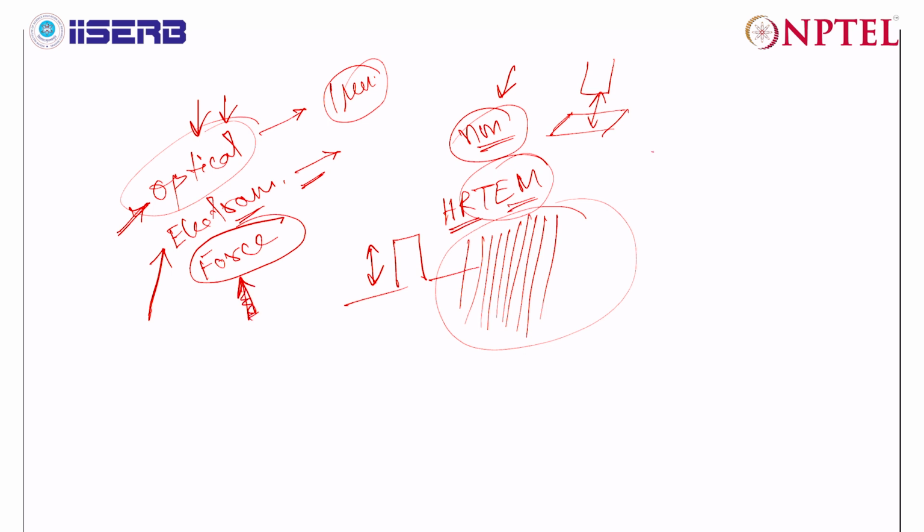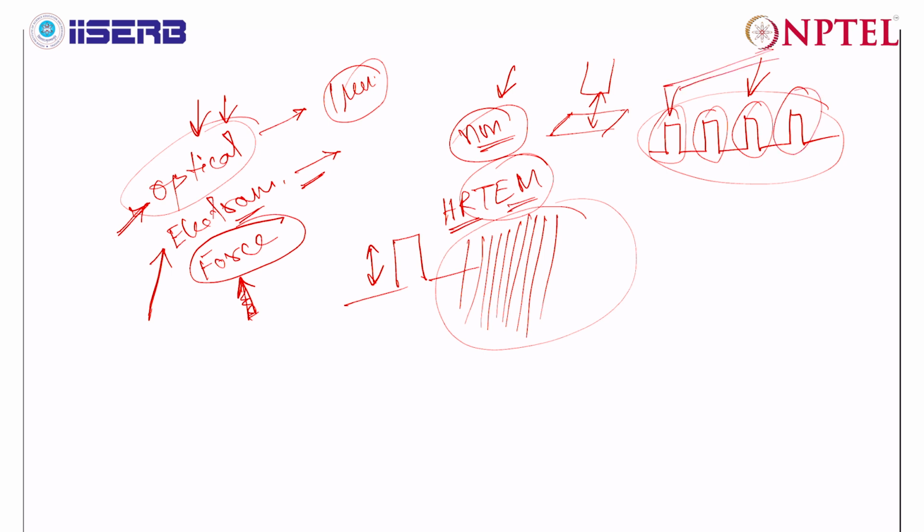For example, if you have a substrate like this, and if you go to AFM, that is atomic force microscopy, you'll be able to figure out what the height of it is, because in this case the entire imaging is done using a tip, which is similar to a blind man scanning a surface.